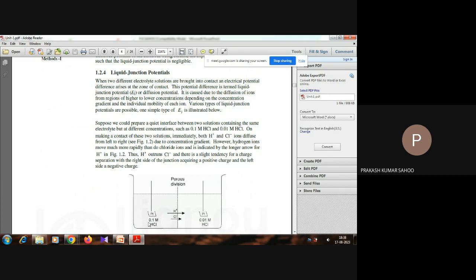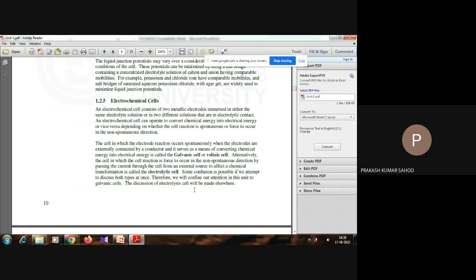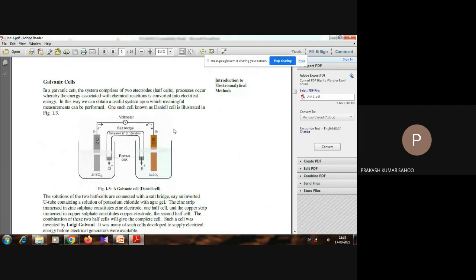So this is 0.1 molar, this is 0.01 molar. What happens? There will be a flow of ions from higher concentration to lower concentration through this zone of contact, and this zone of contact is known as a liquid junction, and the potential difference is known as liquid junction potential.